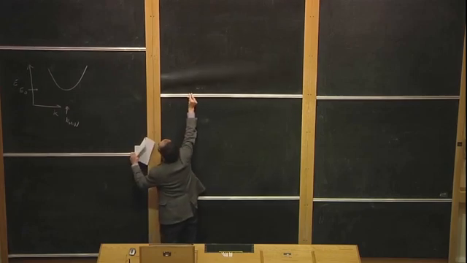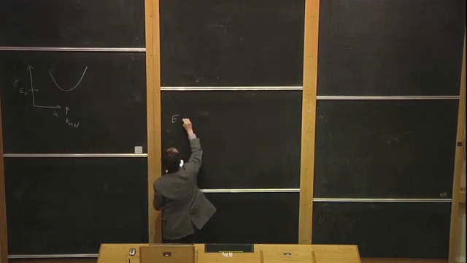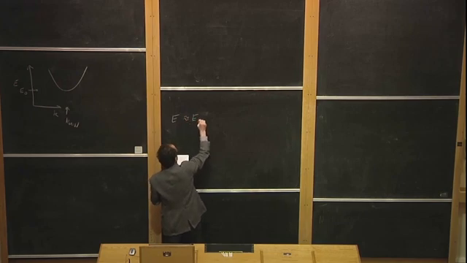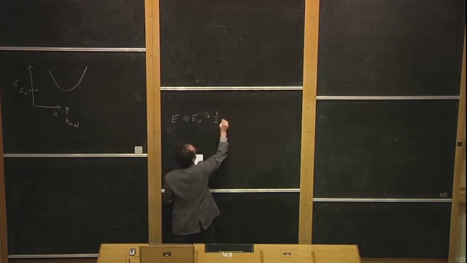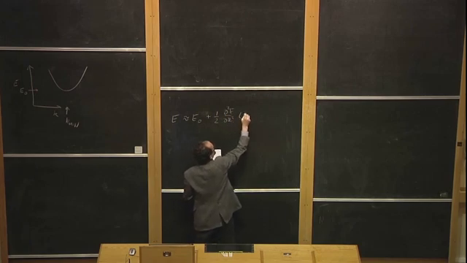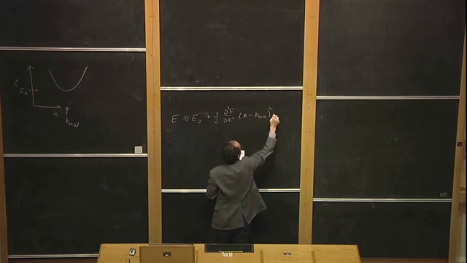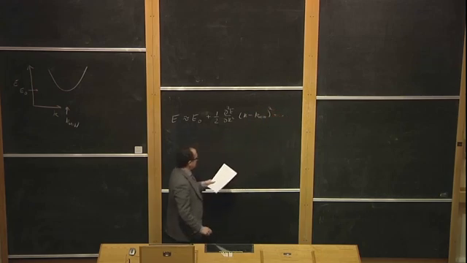Very generally, we can write for an electron near the bottom of the band that E is approximately E naught plus just the Taylor expansion, d squared E dk squared times K minus K min squared, maybe other terms which we'll ignore.